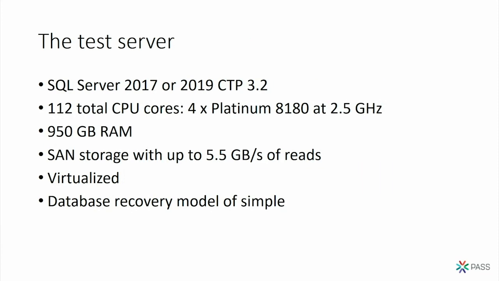I've got 112 cores personally, a little under a terabyte of RAM, SAN storage, which I'm told is pretty good. It's virtualized, unfortunately, and the database recovery model is simple.